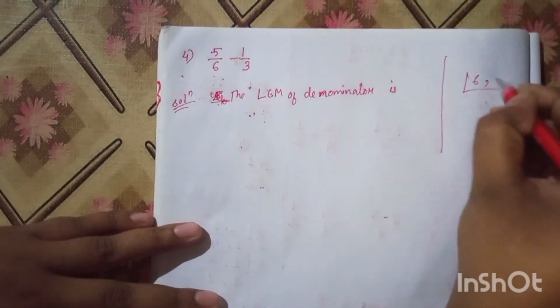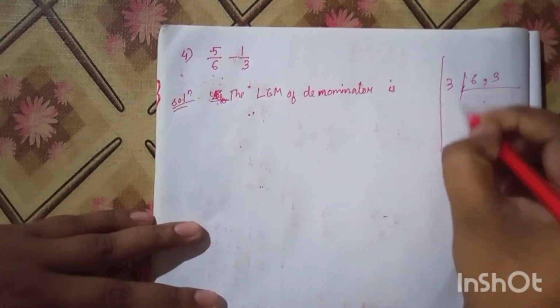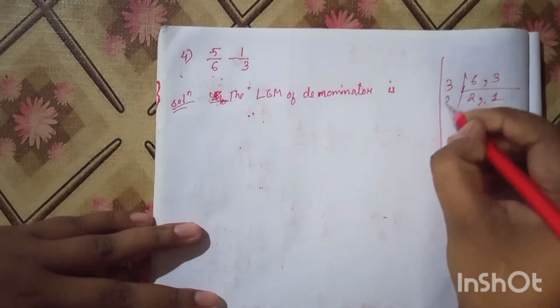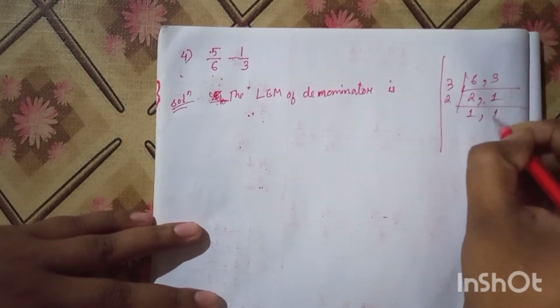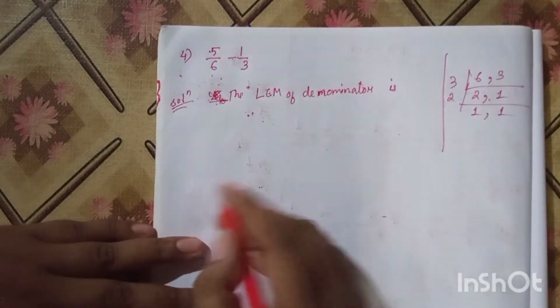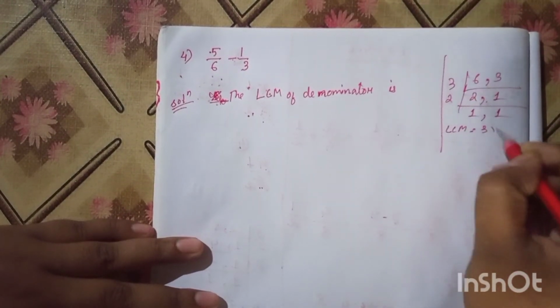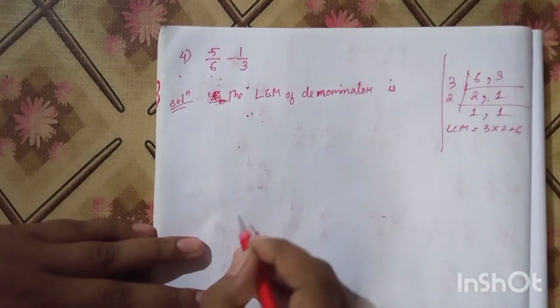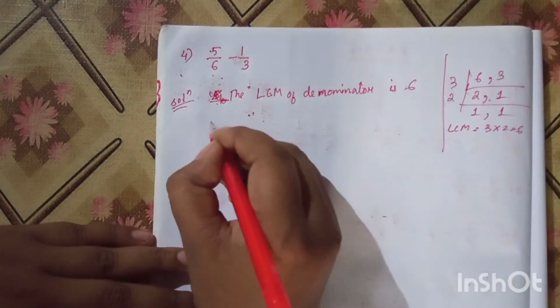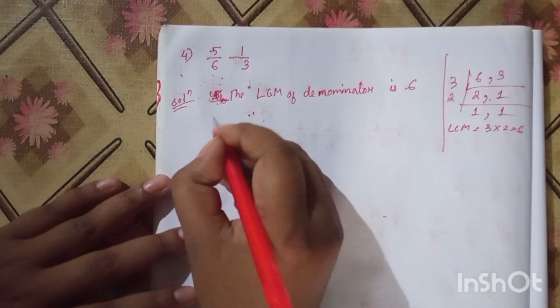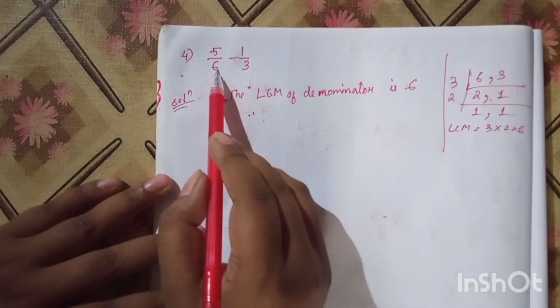Let us find the LCM. We know that 3 twos are 6, 3 ones are 3. Now 2 ones are 2. The 1 will remain as 1. Now we know that LCM is equal to 3 twos are 6. Now let's find the equivalent fractions. You can see here it is already 6.